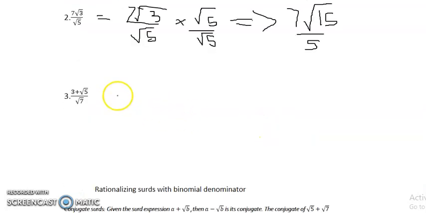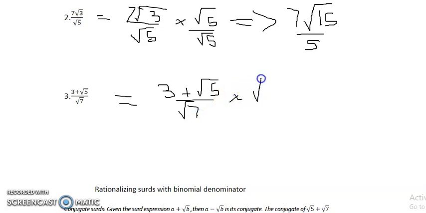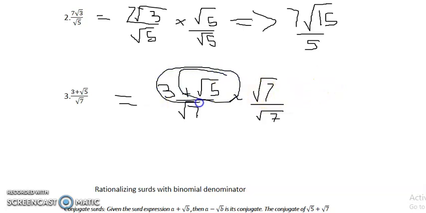Let's try one more. So we have 3 plus root of 5 all over root of 7. So 3 plus root of 5 all over root of 7 multiplying what? Root of 7 all over root of 7. Then the root of 7 will multiply everything here. Everything here.